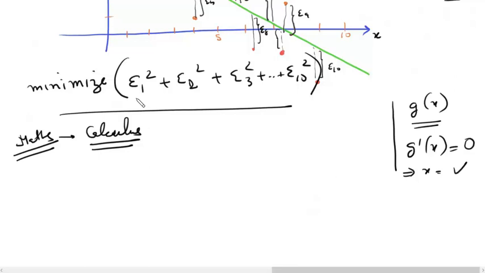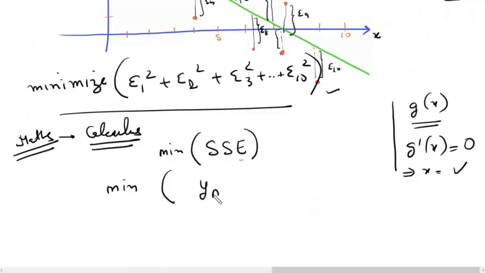In this case, as we saw, we try to minimize the sum of squared error, also represented as SSE. Let me write it in another way. Since it is the sum of squared errors, I can write this as actual minus predicted, where y hat represents my predicted values. I will square this quantity and take the summation from 1 till 10, since in this case I have 10 points.